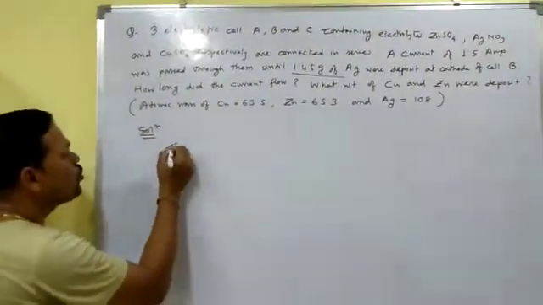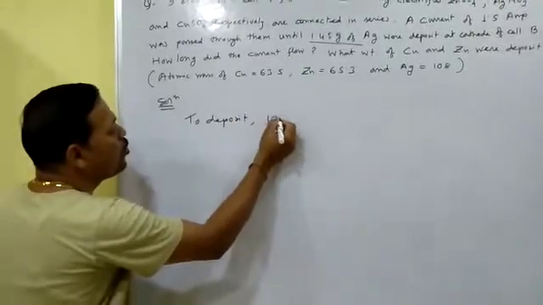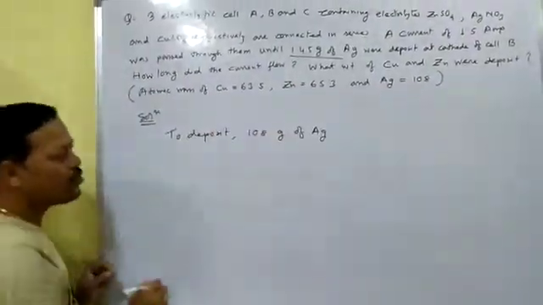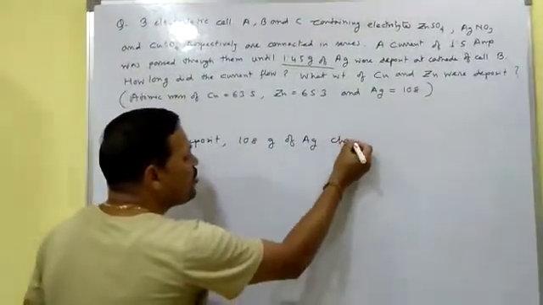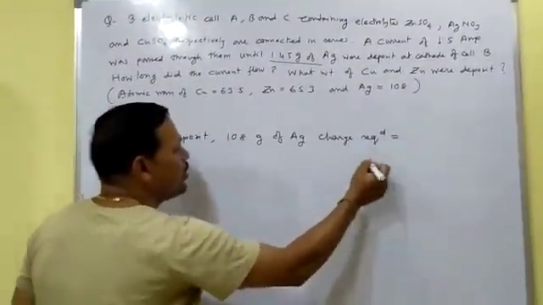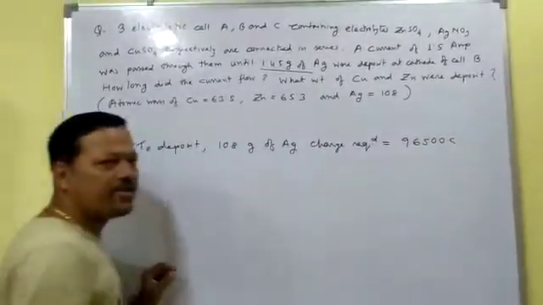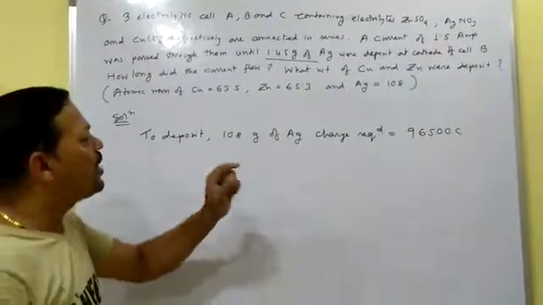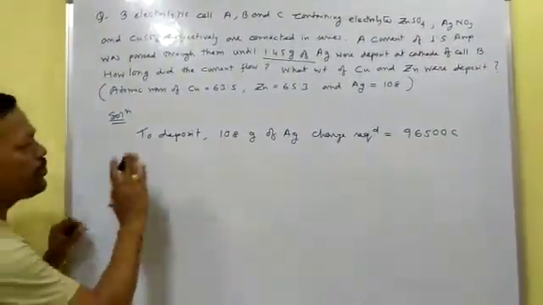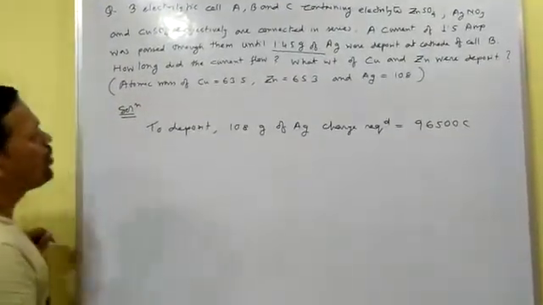So to deposit 108 gram of silver, I mean the equivalent mass of silver, the charge required is 96500 coulomb. If you pass 1 Faraday of electricity, the equivalent mass is always deposited. So to deposit 108 gram of silver, the charge required is 96500 coulomb.